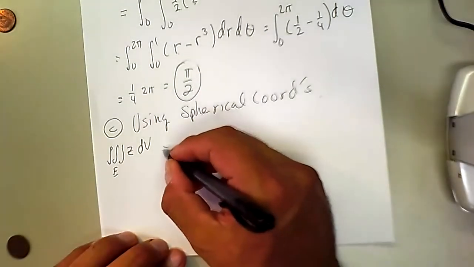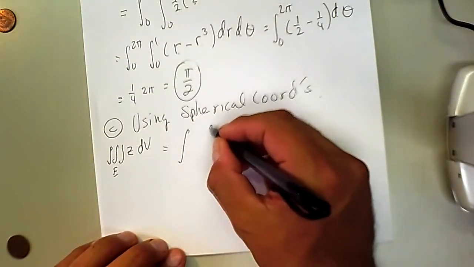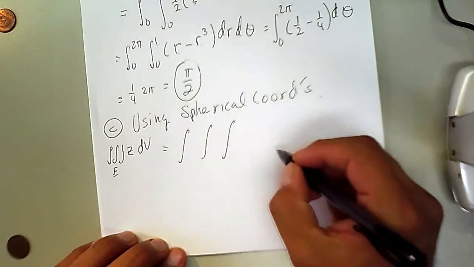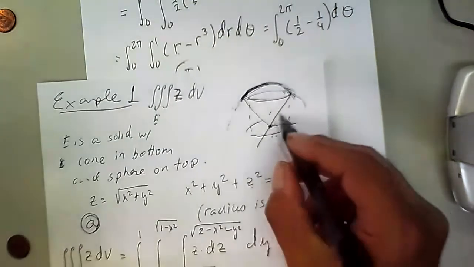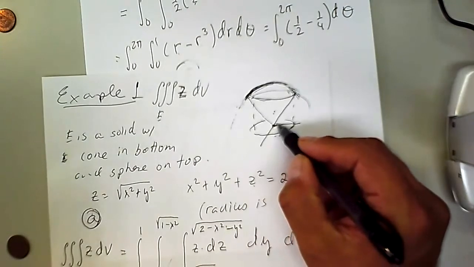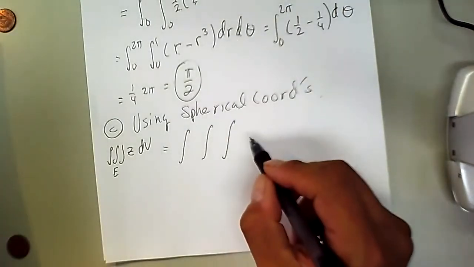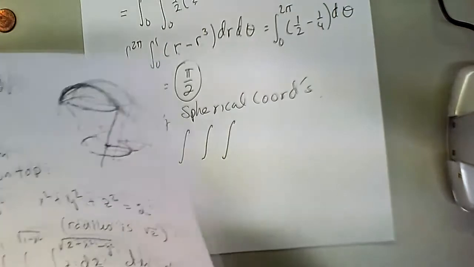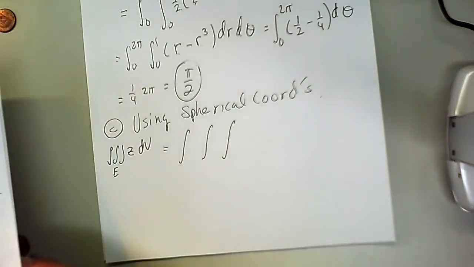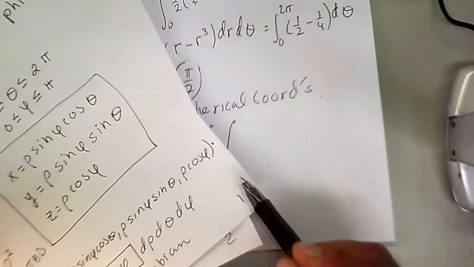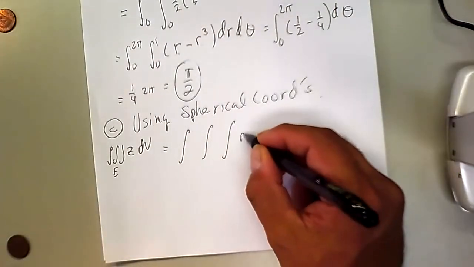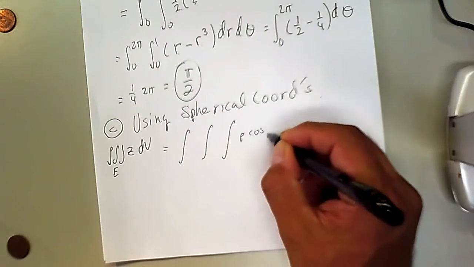So using spherical coordinates, remember the solid is this one. So we're going to integrate z, but z is rho cosine phi. So we're going to have rho cosine phi.